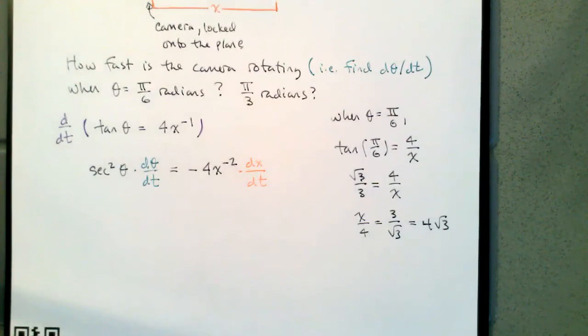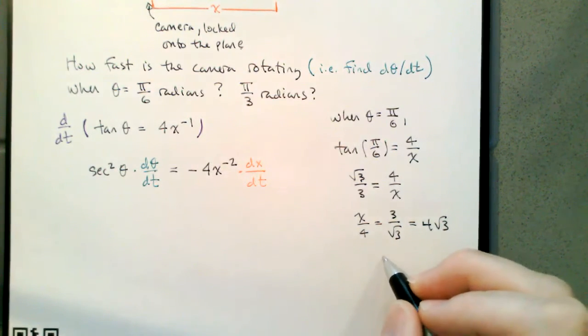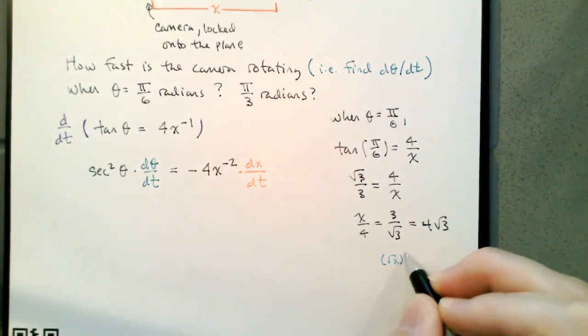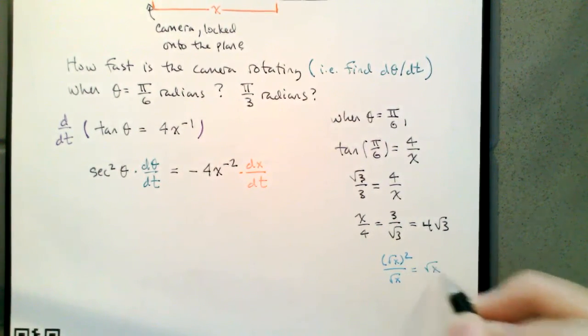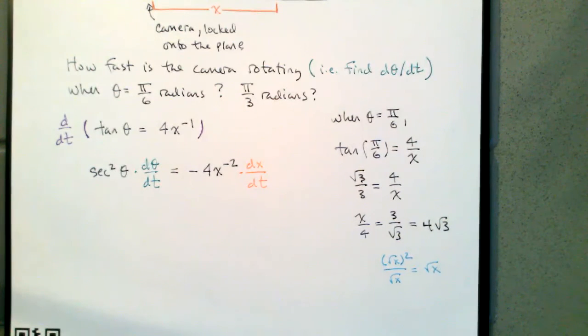We should note that 3 divided by root 3 is equal to root 3, because if I have x squared over x, we just get x. So 3 over root 3 is root 3. Multiply both sides by 4. X is equal to 4 root 3.